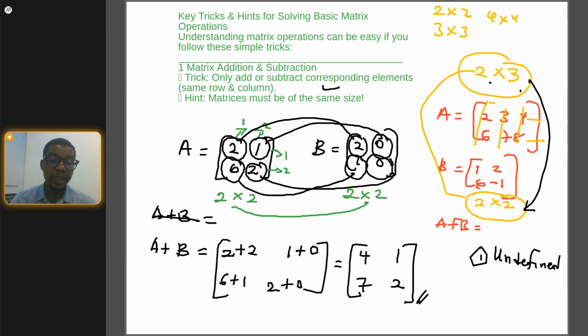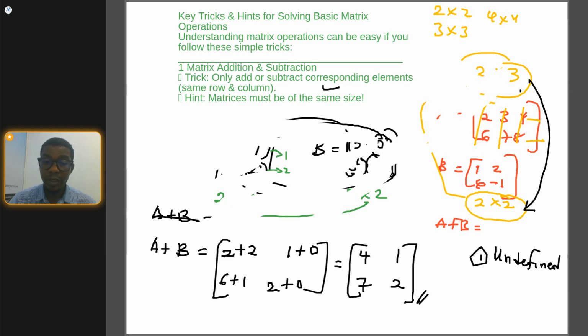Let's consider one more addition question. Then we are going to consider that of subtraction also.